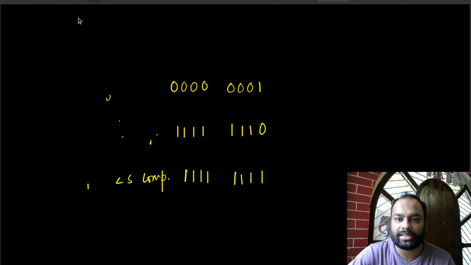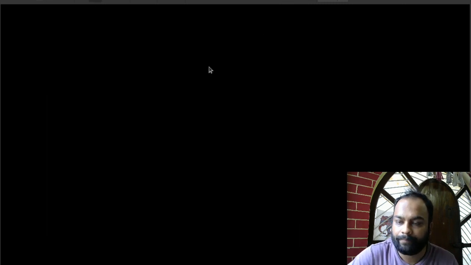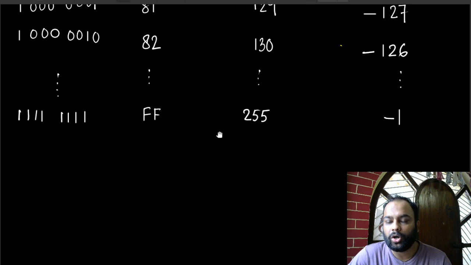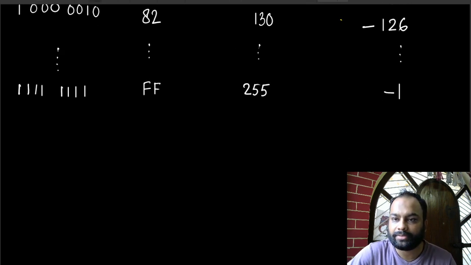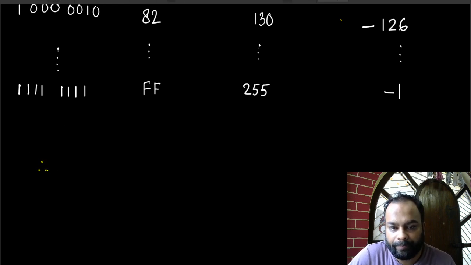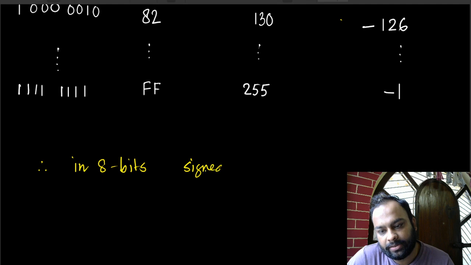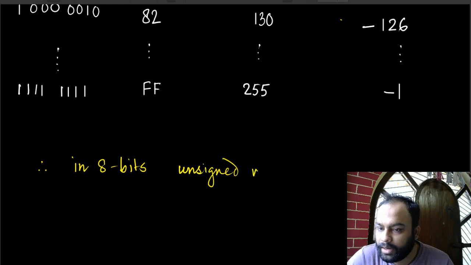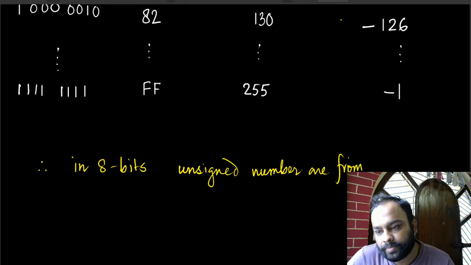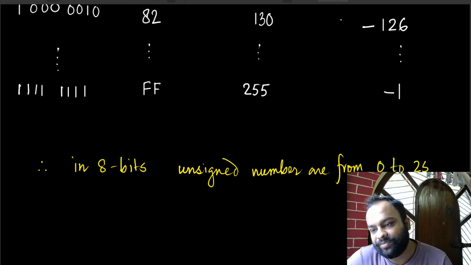So again, feel free to ask if you have any query regarding anything. That is how signed numbers work. So in 8 bits, unsigned integers are from 0 to 255, right? 0 decimal to 255 decimal.